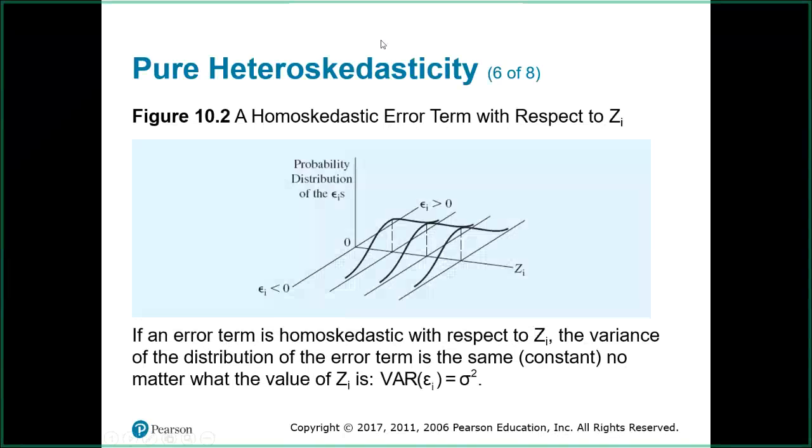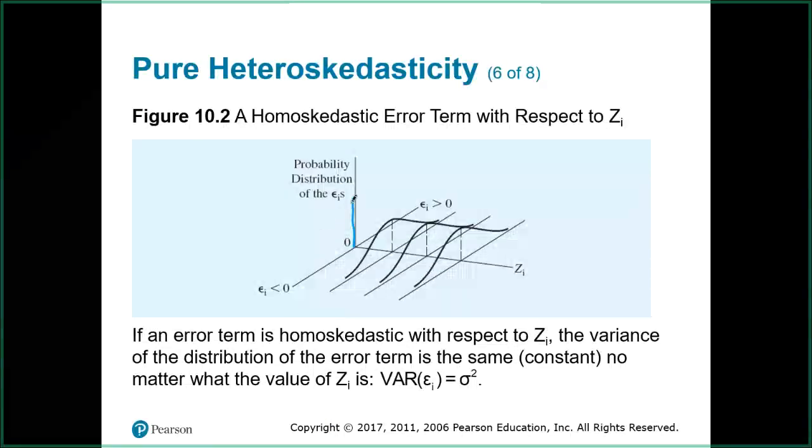What we have here on the axis coming from left to right, you can think of as a z or an x variable. The y variable is on the vertical axis, and then the distribution of the error term is on the back and forth axis.